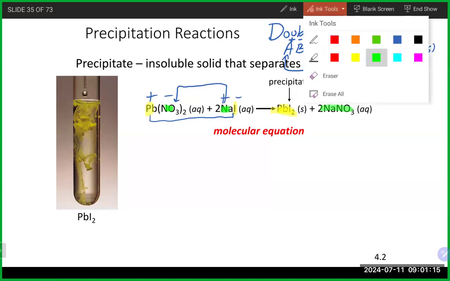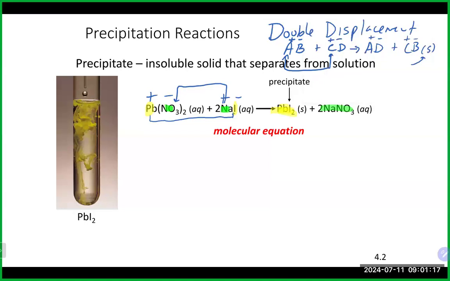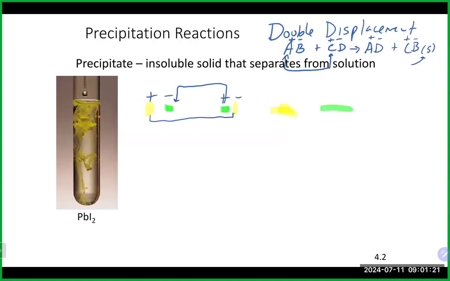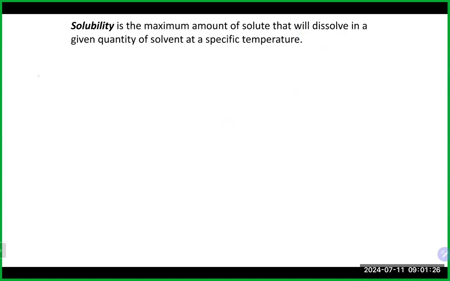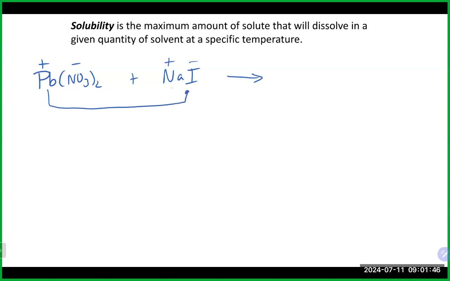By the way, when we predict something like this, for example, lead 2 nitrate and sodium iodide. Let's just say we had something like this and we had to predict what goes on the other side. Again, when we look at this and we want to put it together, we know that they're going to switch partners.